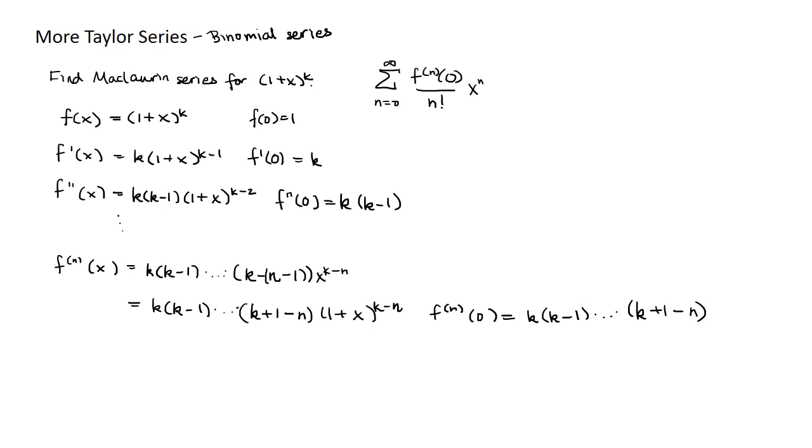And so our series has this form: the sum from 0 to infinity of k times (k-1) dot dot dot (k+1-n) over n factorial times x^n. All right, we're going to use this formula with k equals 1/3 to just examine what this looks like.